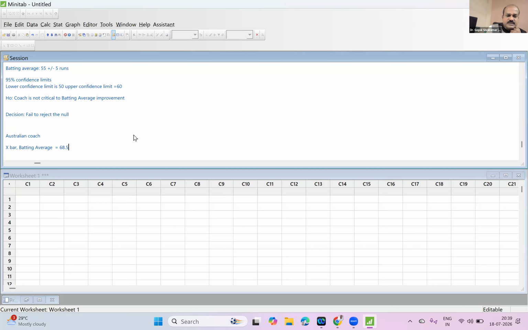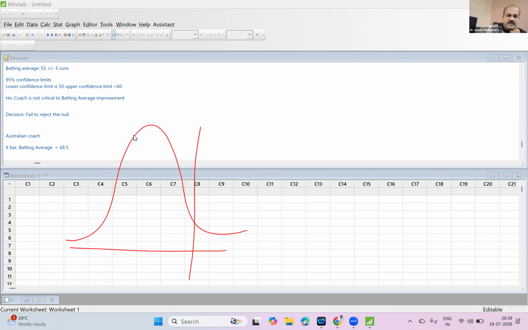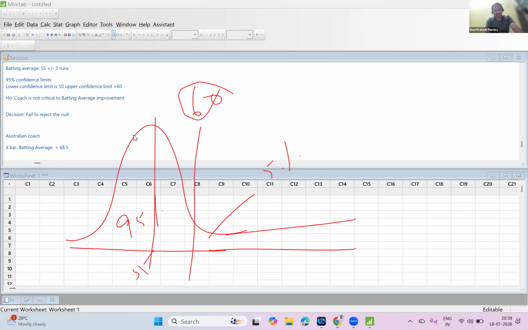Now look at this in the graph. This is Kohli's performance. Here it is 60, 95% this side, and this side is 5%, and the center value is 55. Now you just have to find out which side 68.5 will come. 68.5 will come on the upper side, somewhere here.